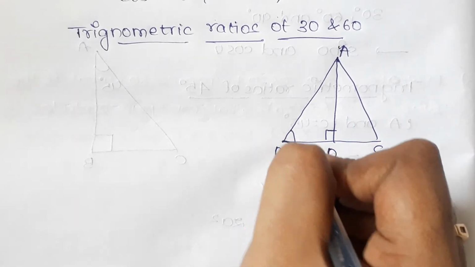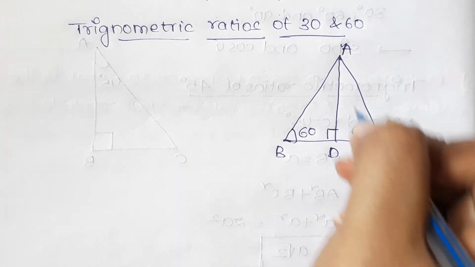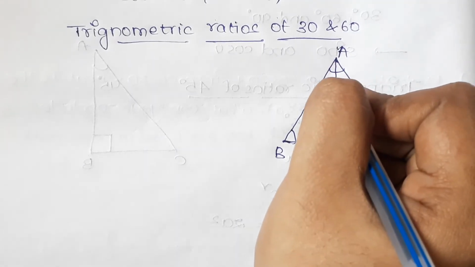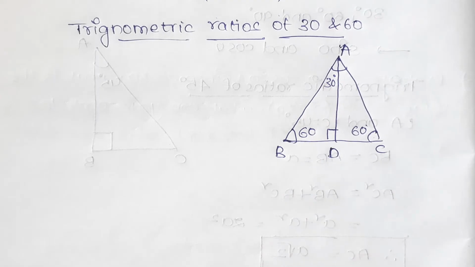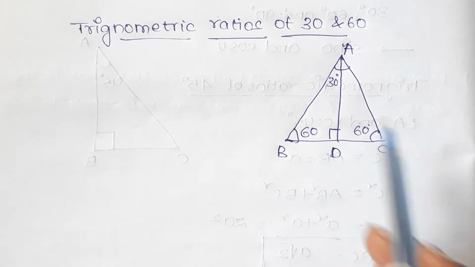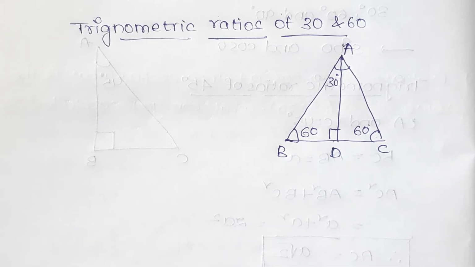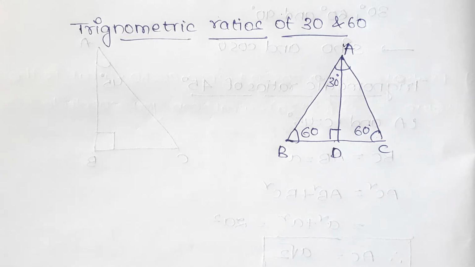Here is 60 degrees, here is also 60, and here is 30. And now here is the right angle, that is 90 degrees. And now let us calculate the trigonometric ratios of 30 and 60 degrees.